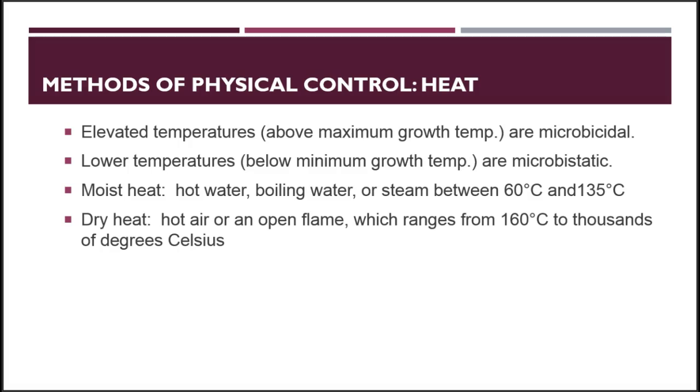Moist heat examples include things like hot water, boiling water, or steam that has reached temperatures between 60 and 135 degrees Celsius. When we're talking about dry heat, we're talking about hot air or an open flame, and those temperatures can range much higher, significantly above 160 degrees Celsius.